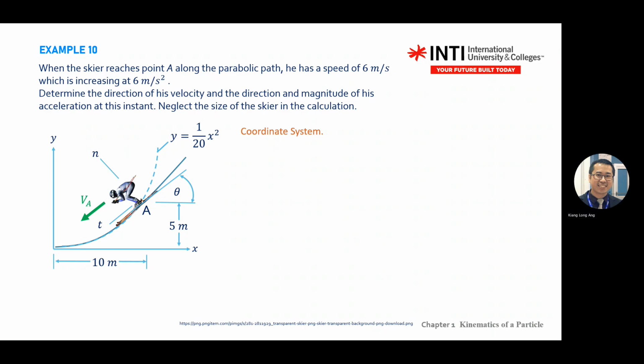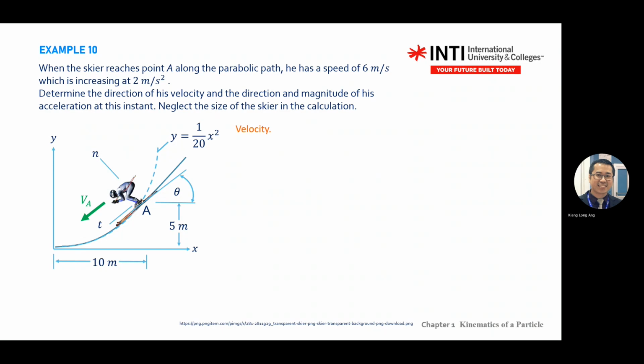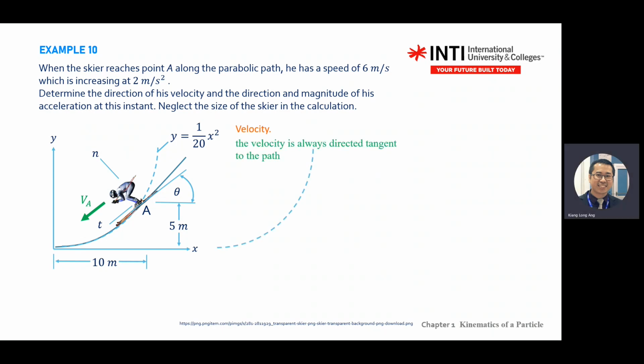For the coordinate system, you put in the t axis and the n axis, and I put the velocity in the green sign. I draw on the screen: you have the path, the n and t axes, and V is given because it moves tangent to the curve. So VA is 6, and you already have VT.